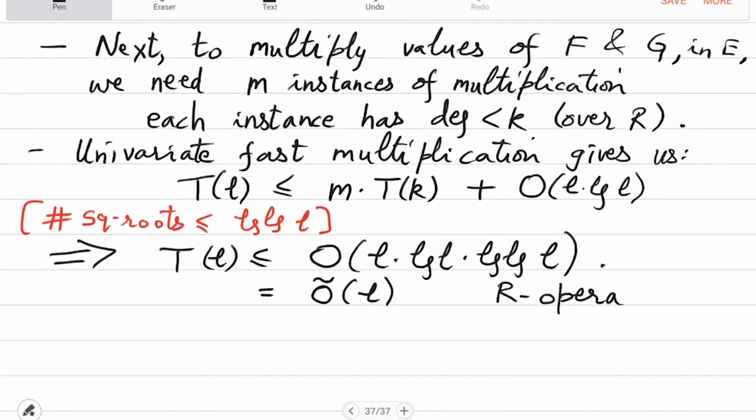There is nothing extra being done. These are really R level operations. So this is the actual time complexity if you are trying to multiply two integral polynomials. It will be proportional to L times log L times log log L. Any questions?